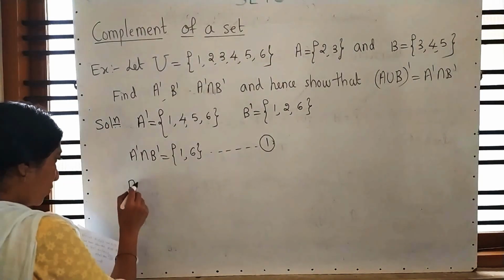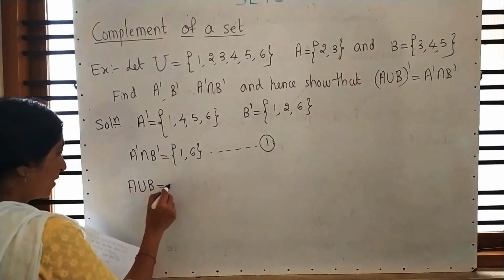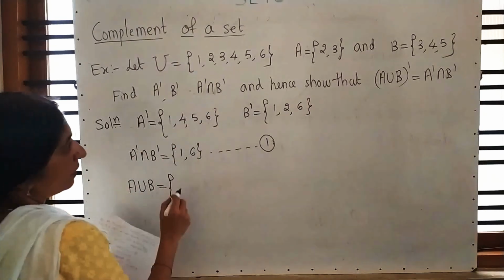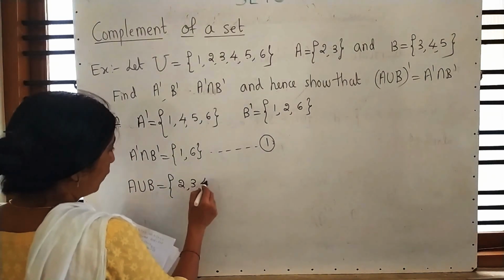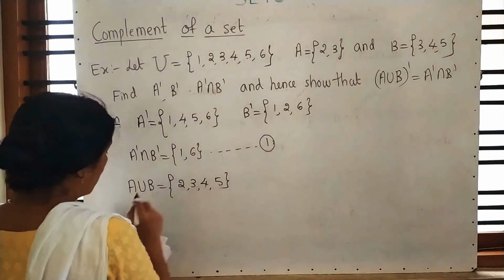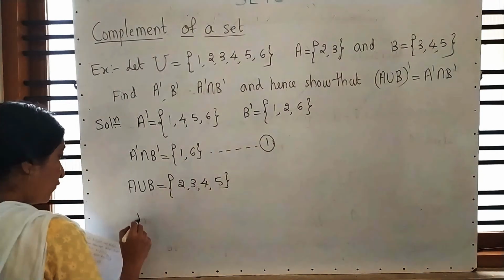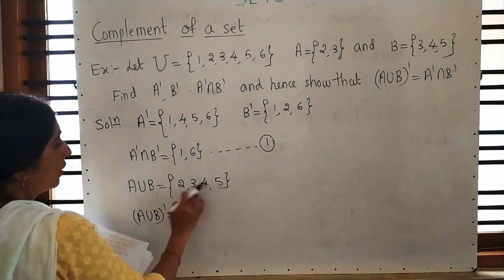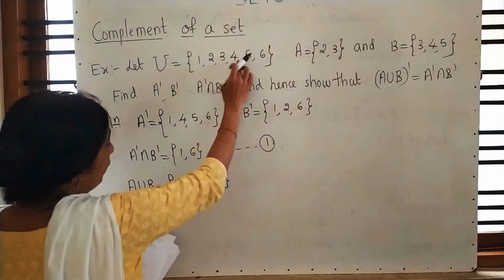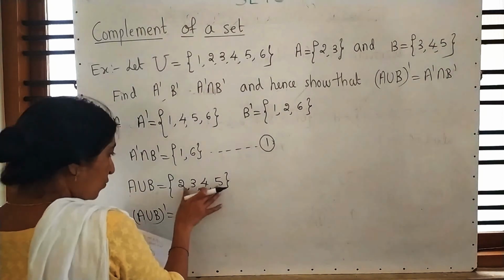After that, moving to A union B. Union of set A and set B: 2, 3, 4, 5. Now take a complement of this, meaning compare this set with the universal set. 2, 3, 4, 5 are present in it, so don't write those.